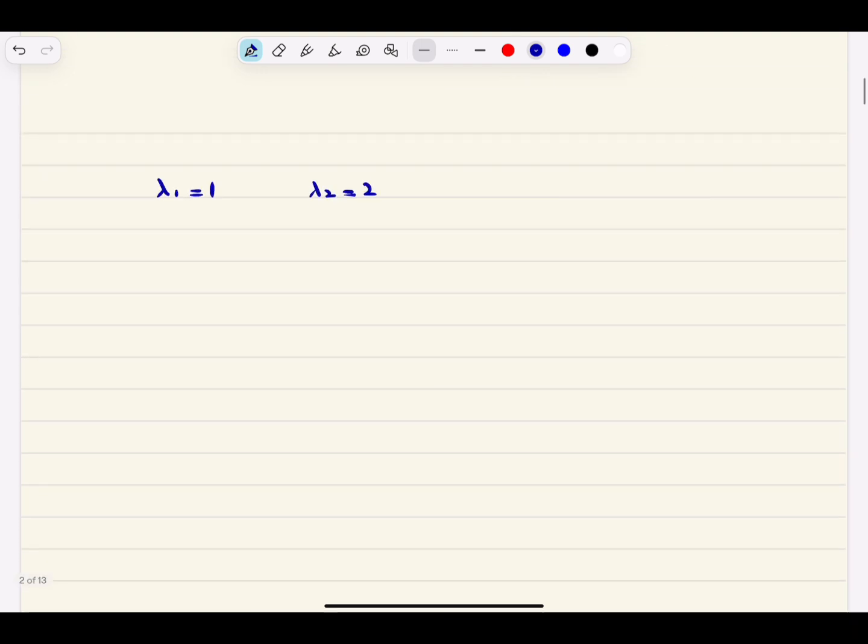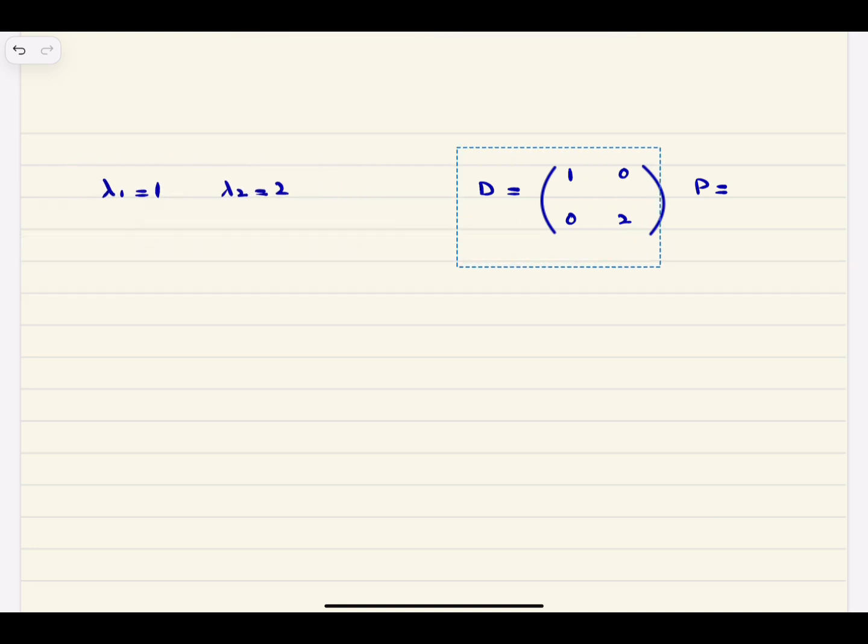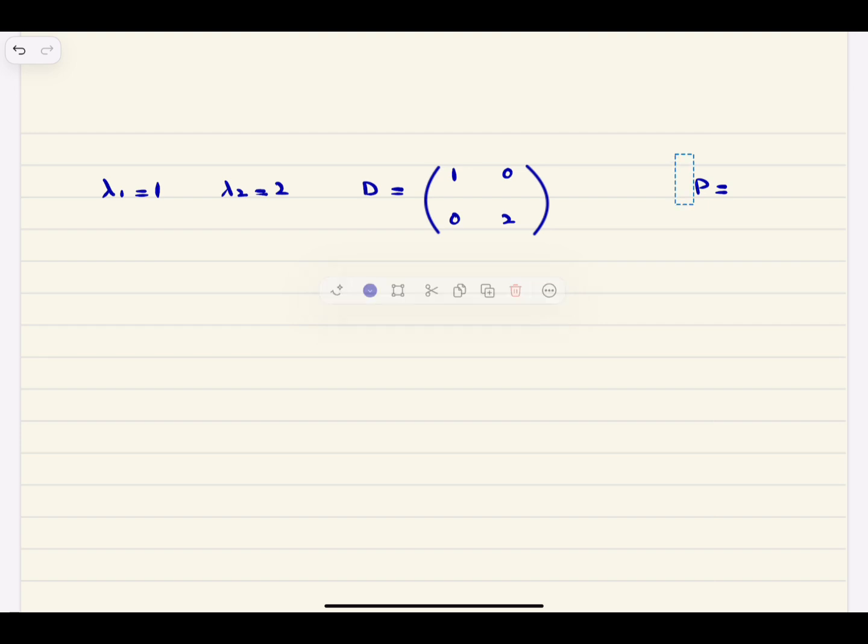So moving on, our diagonal matrix basically has these entries on the diagonal. Therefore, our P matrix has to have the corresponding eigenvectors as its columns. So I'll have V1 here as the first column and V2 there as the second column.